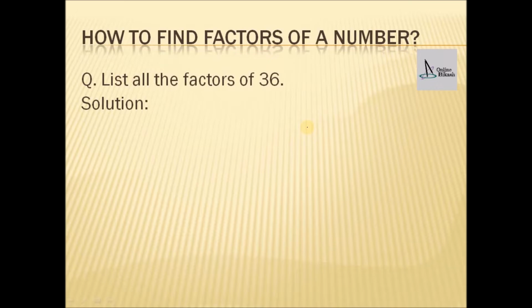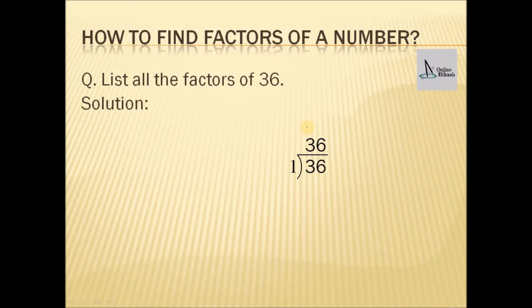So let us start with a question. List all the factors of 36. Okay? In our mind, we have to think what will multiply to get 36. In your mind, it may come at the very first that 1 into 36 is 36, because 36 can be divided by 1.